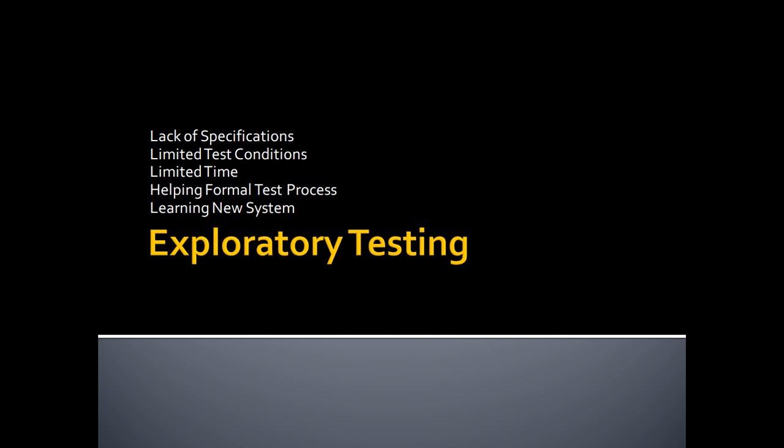Here the test design and execution activities are performed in parallel without formally documenting any test conditions. So when you are not documenting, you are exploring the system. Here test cases or test scripts are not written. This does not mean that other, more formal testing techniques will not be used. They will be used.